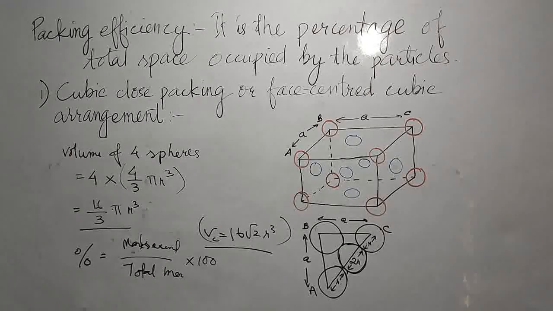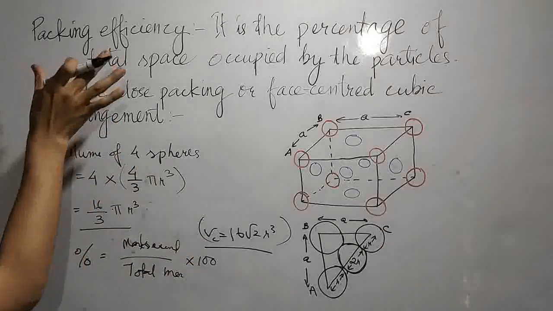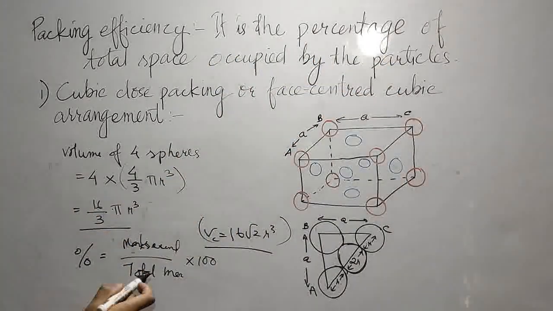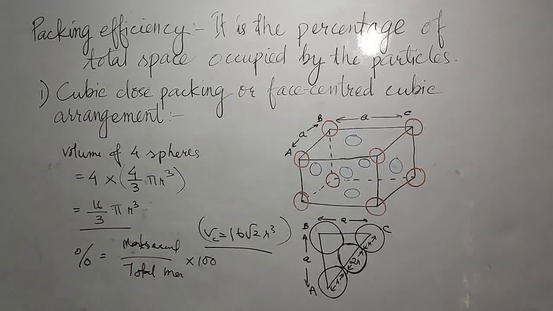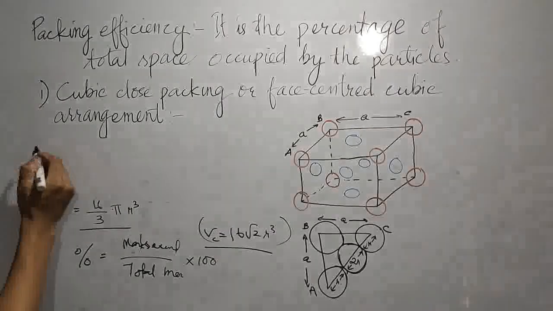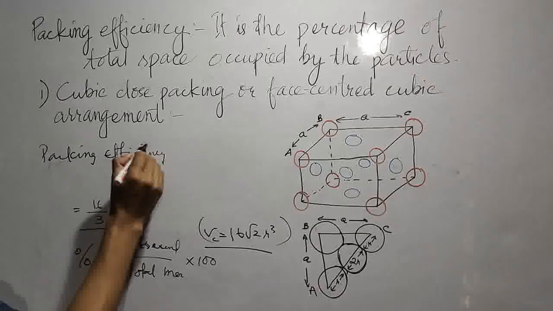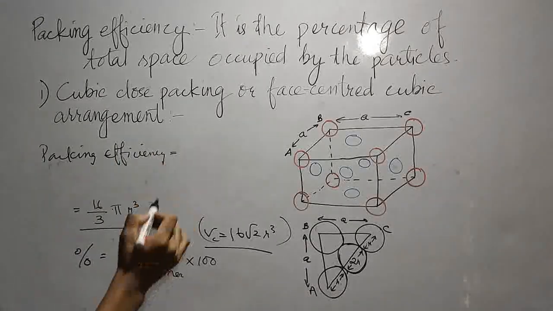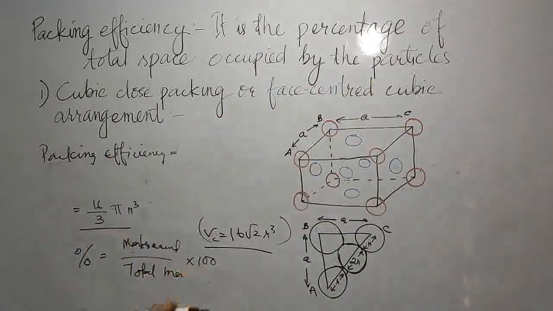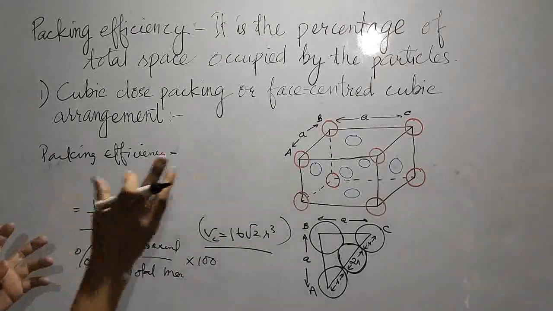Packing efficiency is equal to, we will find out the packing efficiency of the particles. So how we write this, packing efficiency is equal to, since we have to find out the packing efficiency of the particles, that means the total space occupied by the particles.